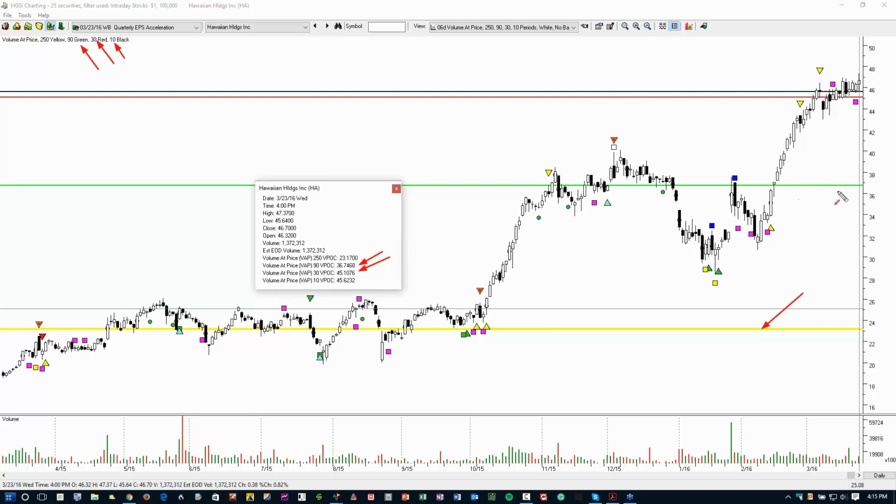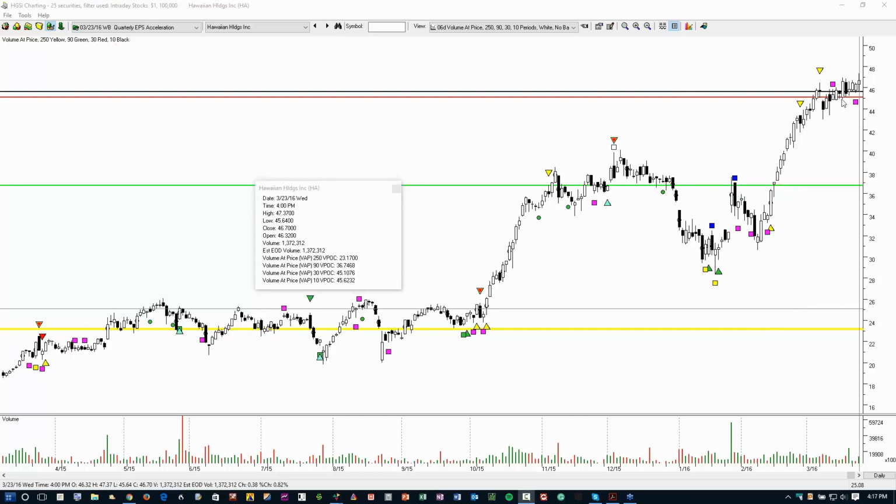But during this 30 period volume point of control, without the buckets on here, it's hard to see where it ends. I would just have to count back 30 days or get a visual for it. This would be about 30 periods somewhere, I would say. I'd have to go look. But you have a lot of activity there on the 30 period.